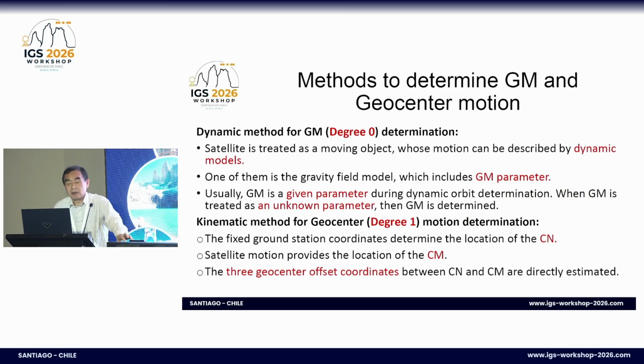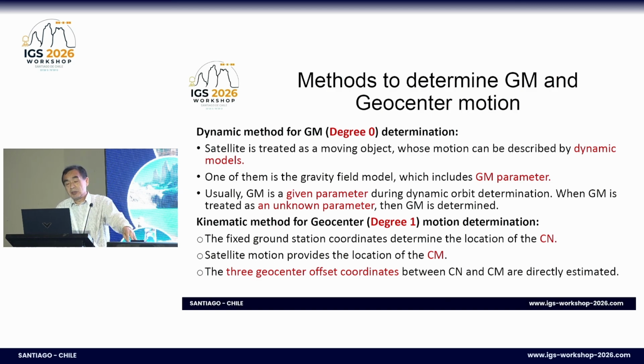Before I show you the results, let me briefly describe our method for determining the GM and geocenter motion. For GM, also called degree 0, we use a so-called dynamic method. This means we treat the satellite as a moving object whose motion can be described by a dynamic model.